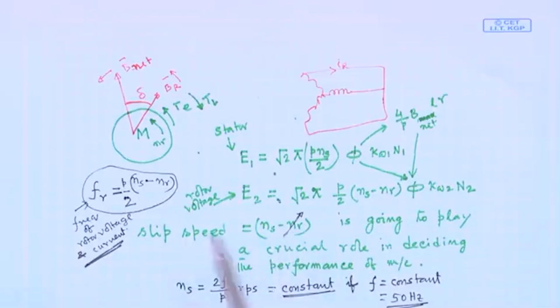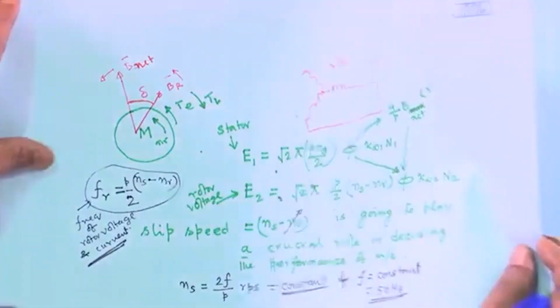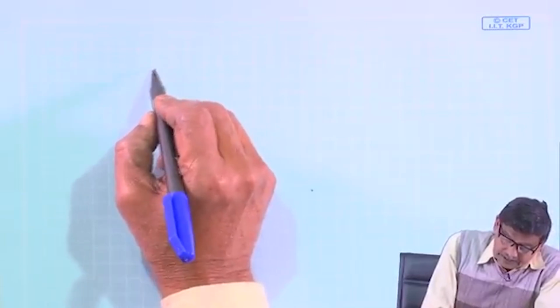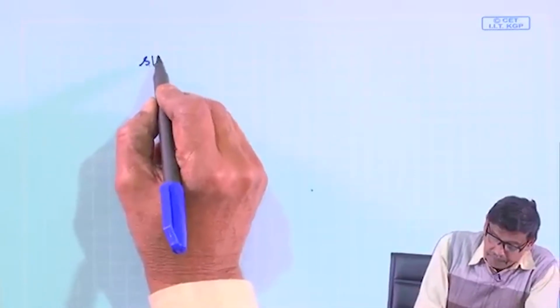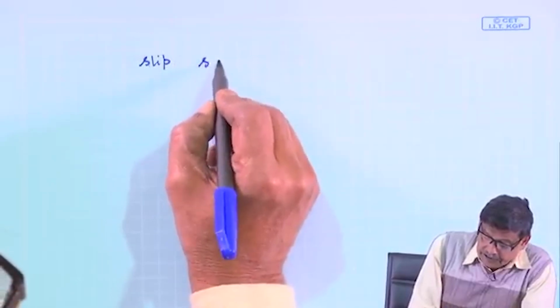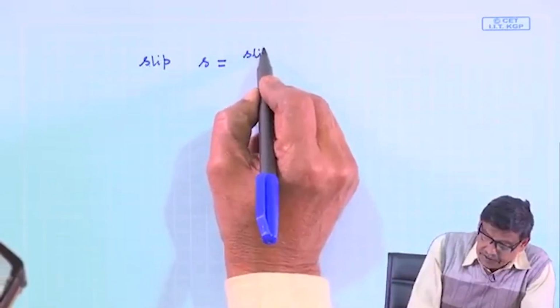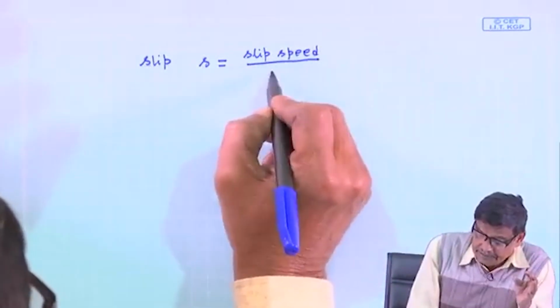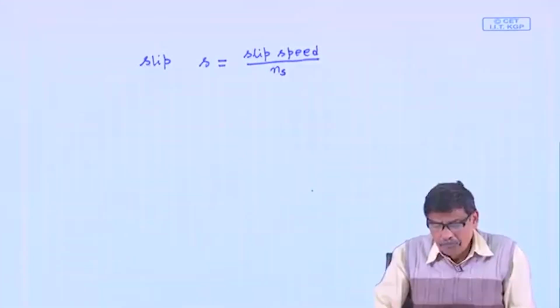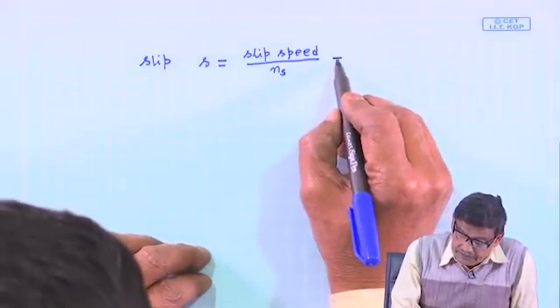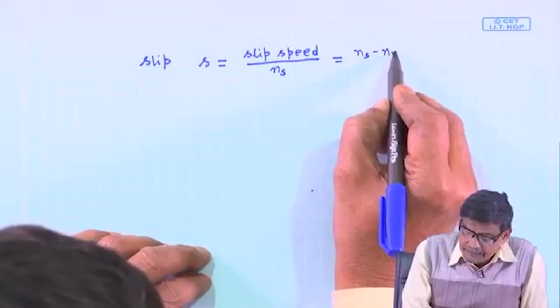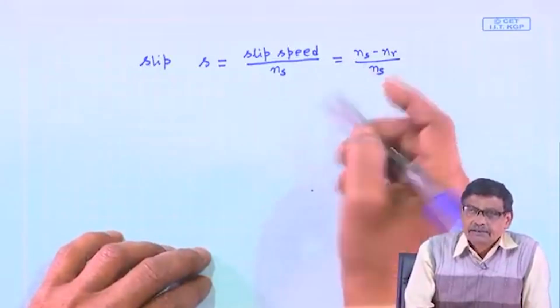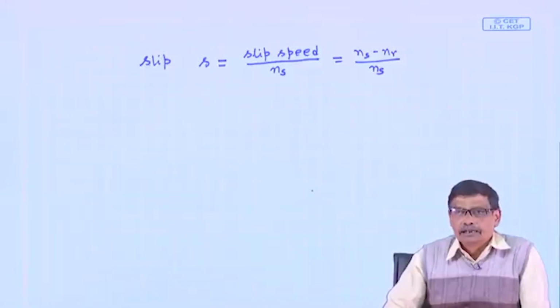This difference in speed is called slip speed. I will also now define a term called slip, which is the slip speed divided by ns. That is, how much is the difference in the speed as a percentage of ns, I mean per unit values of ns.